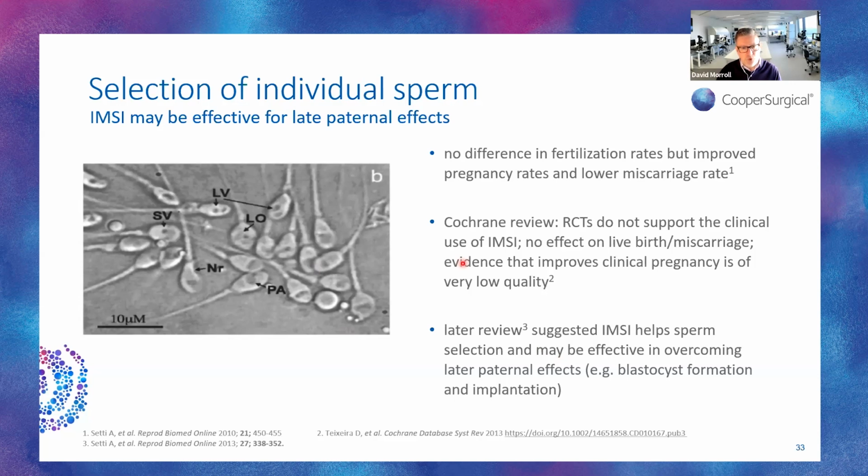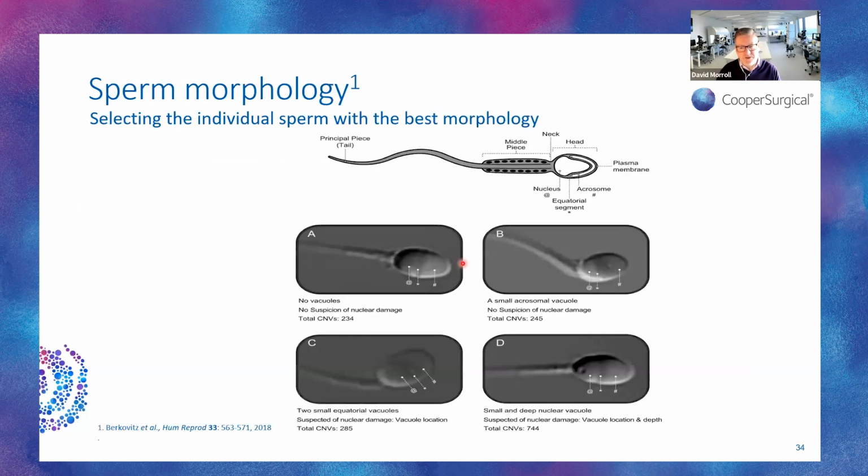Now, a more interesting observation is this one from Berkowitz and colleagues from 2018, where they looked in some detail at the presence and location of vacuoles, and interestingly showed that it was less around the number and size of vacuoles, as we've previously used for IMSI classifications.